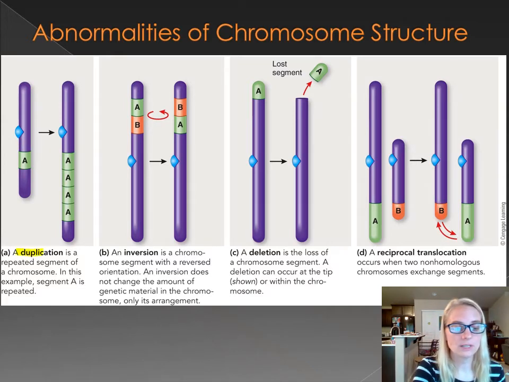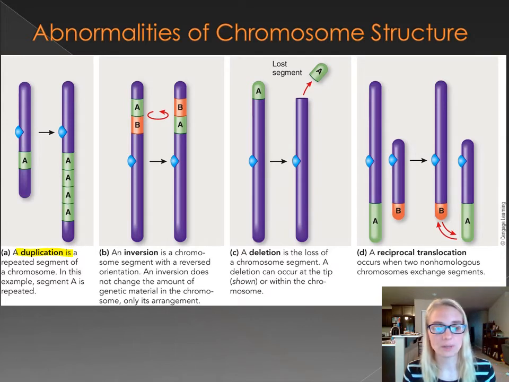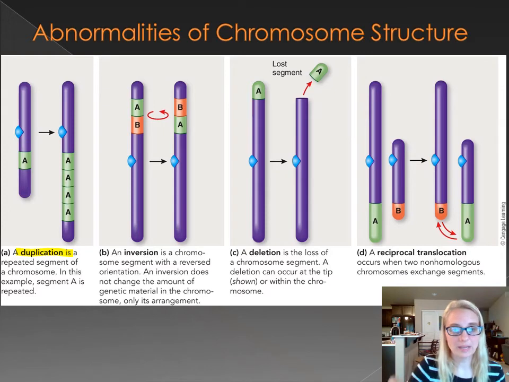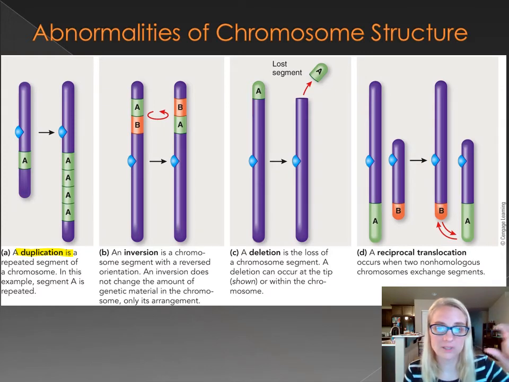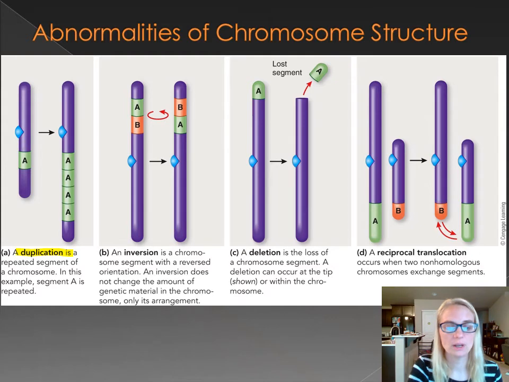Say your DNA is going through DNA replication, and for whatever reason, a certain section gets duplicated. So in this diagram, for a section coded A, you might end up with 4 times as much of that A information on your chromosome. That's duplication. Another example is inversion.